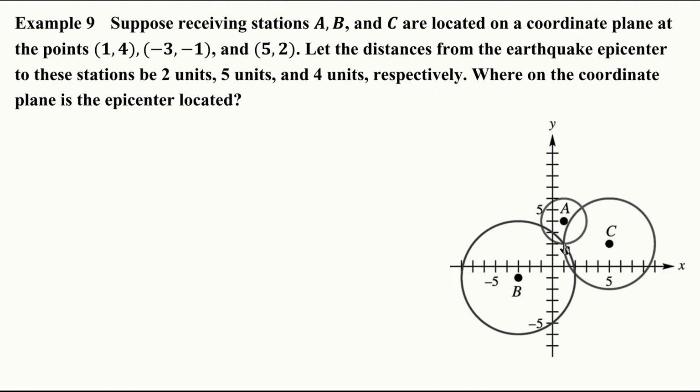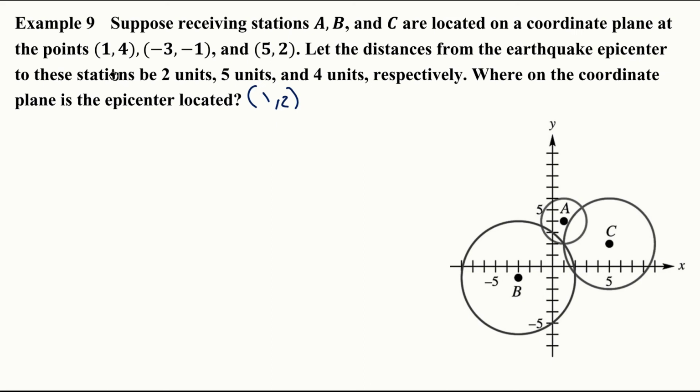Then the point of intersection of those 3 circles is precisely going to be the epicenter of the earthquake that you're looking for, and you can see that that would be the point 1, 2. So it would be located at 1, 2. Now you can easily check to make sure that you've found the right one, because what you would have to do is find the equation of these circles and make sure that this point is actually on each of those circles.